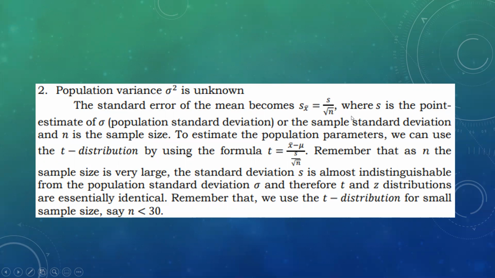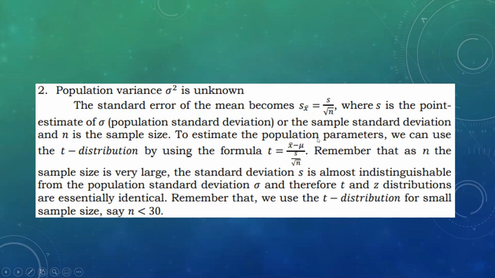And kapag ang sample natin ay lower than 30 naman, we'll be using the t-distribution. Okay po, which is t is equals to our variable minus our mean over the standard error.